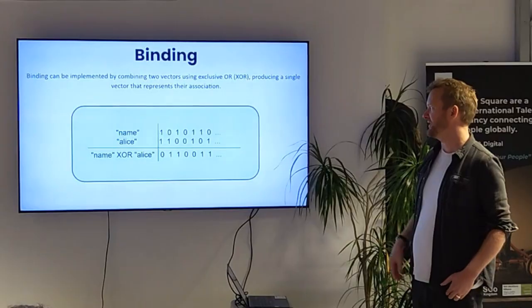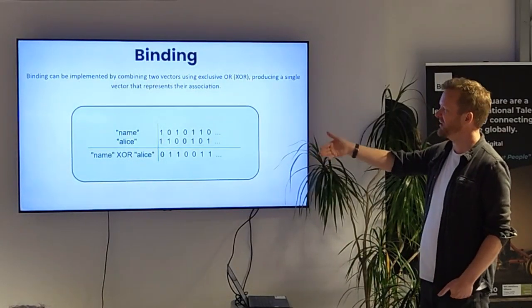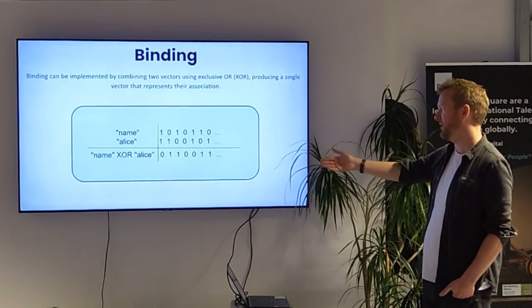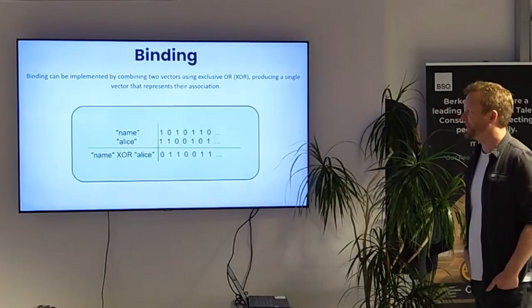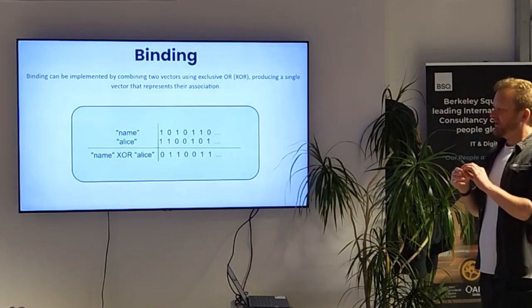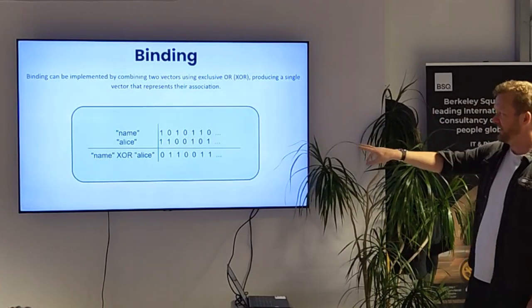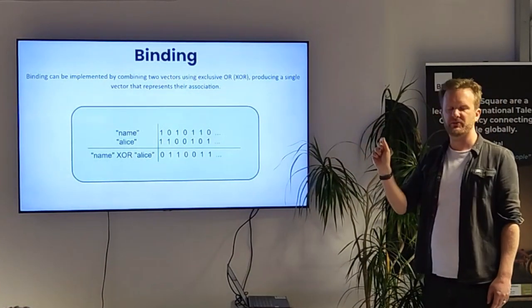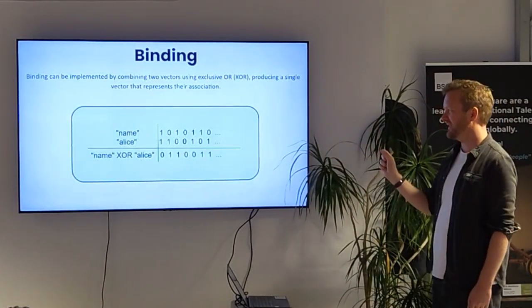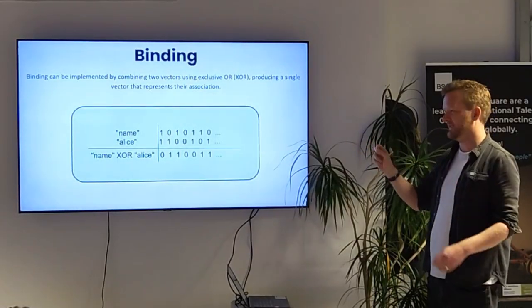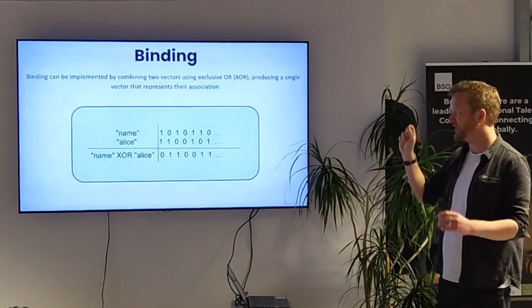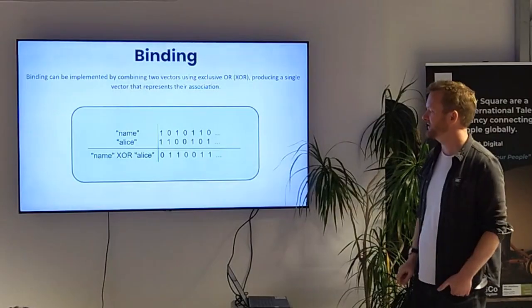Otherwise, it's a 0. So you can see here, the first one is 0 because there are two 1s, the second one is 1 because there's one 1, and so forth. What this has done is give us a new 10,000 dimensional vector, a new point in this space, which literally represents these two symbols being bound together. So if our system was just name equals Alice, it's just a vector. We're always trying to get to a single vector that represents the system.